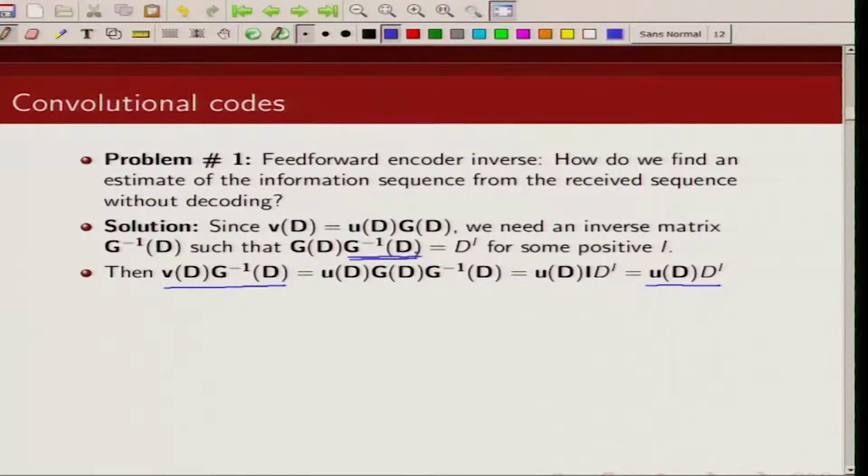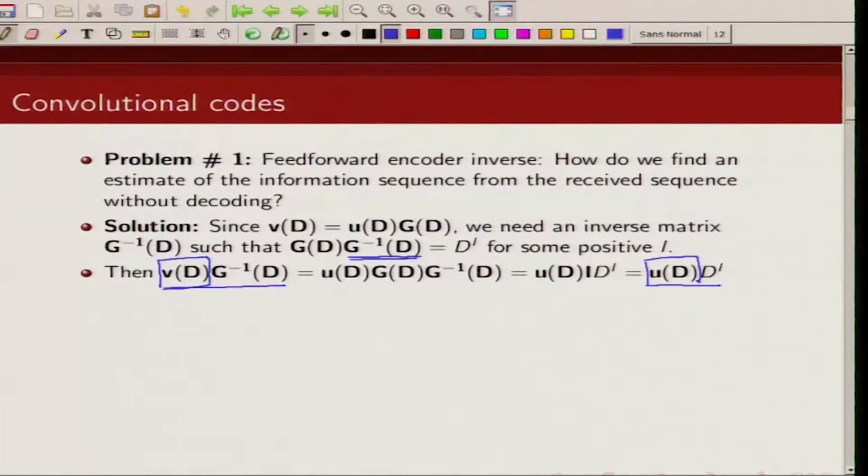Does a feed forward encoder inverse exist, such that G times G inverse is some delay element? If you have your sequence V(D) and it passes through this encoder inverse circuit, we can directly get back our information sequence.